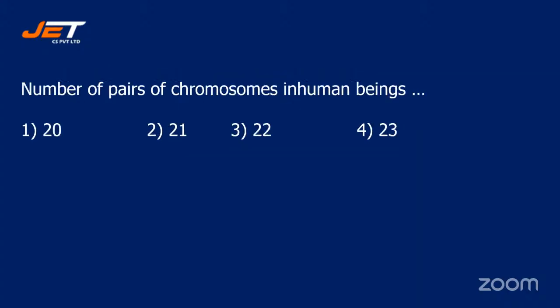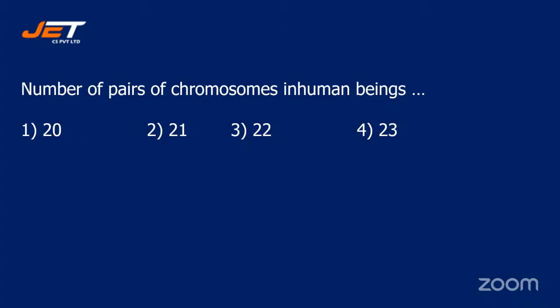Excellent. Next question. Number of pairs of chromosomes in human beings. And your options are number 1, 20, option number 2, 21, option number 3, 22, option number 4, 23. 20, 21, 22, or 23. Number of pairs of chromosomes in human beings.